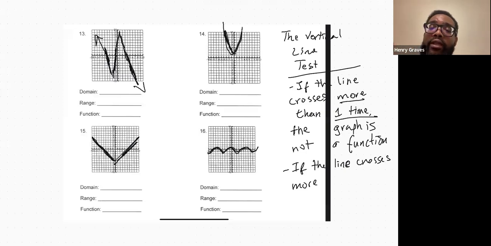Right, we're going to edit this one right here. The graph, if the line crosses just once, the graph is a function.